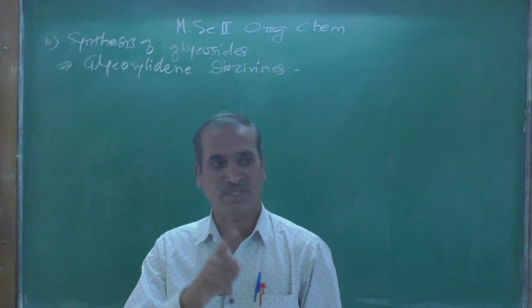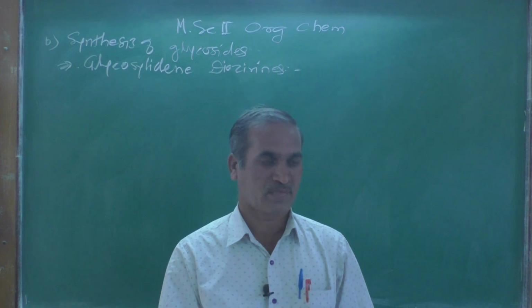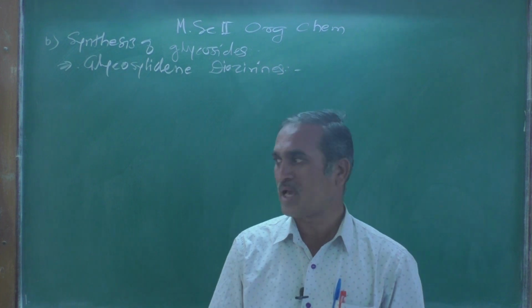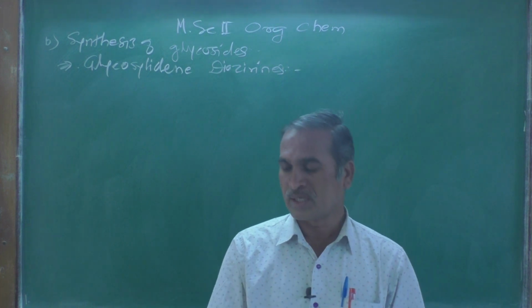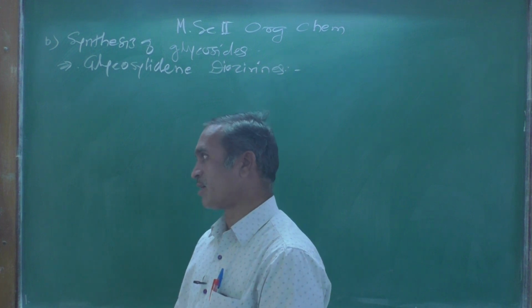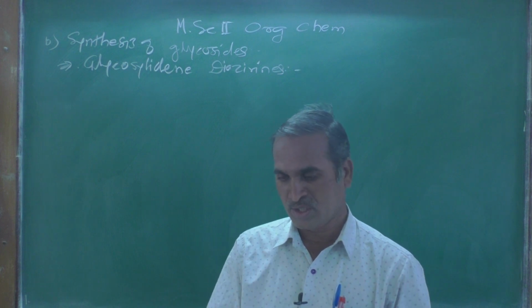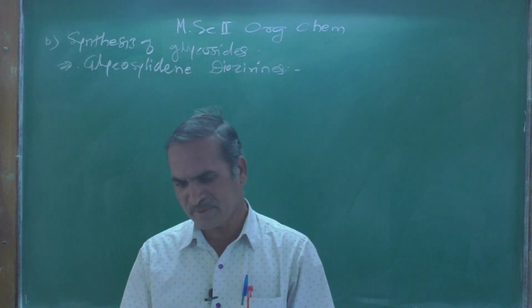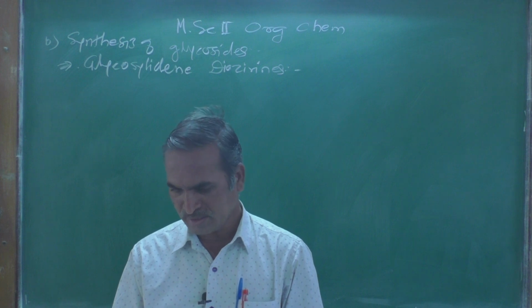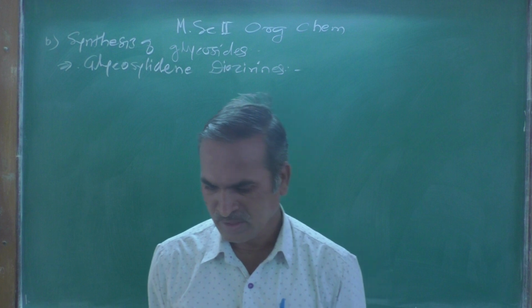Azo means containing a nitrogen double bond in the organic compound, and they are generally colored compounds, and the color is due to the presence of conjugation. So this type of thing is known as versatile.